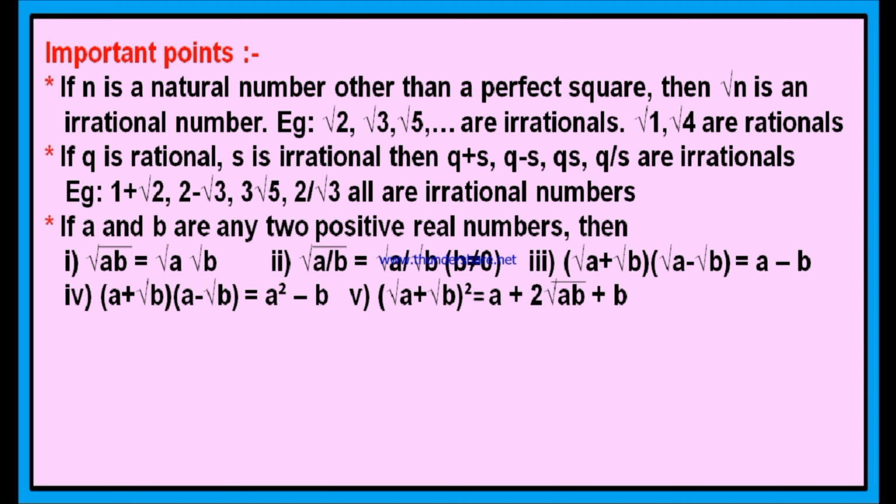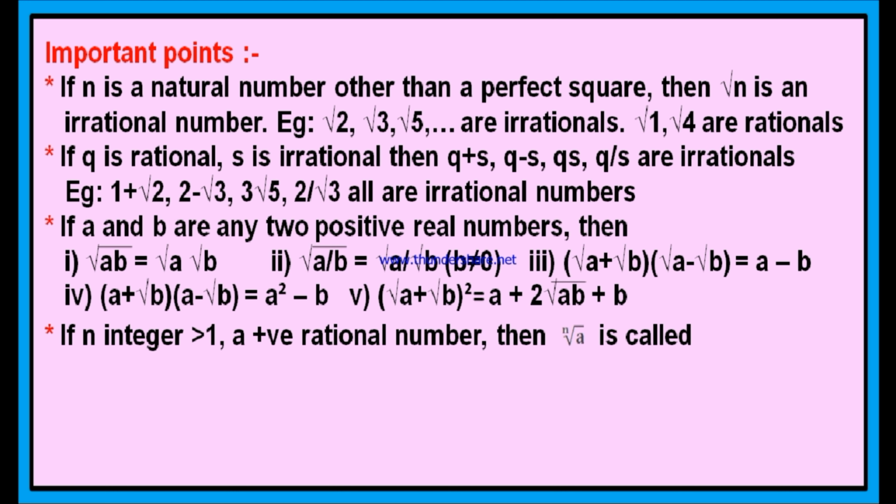Now, the next point. If n is an integer greater than 1 and a is a positive rational number, then nth root a is called as surd. Here n is an integer greater than 1. What are the integers greater than 1? Actually, what are integers? Integers may start from minus infinity, minus 2, minus 1, 0, 1, 2, 3 and so on up to plus infinity.